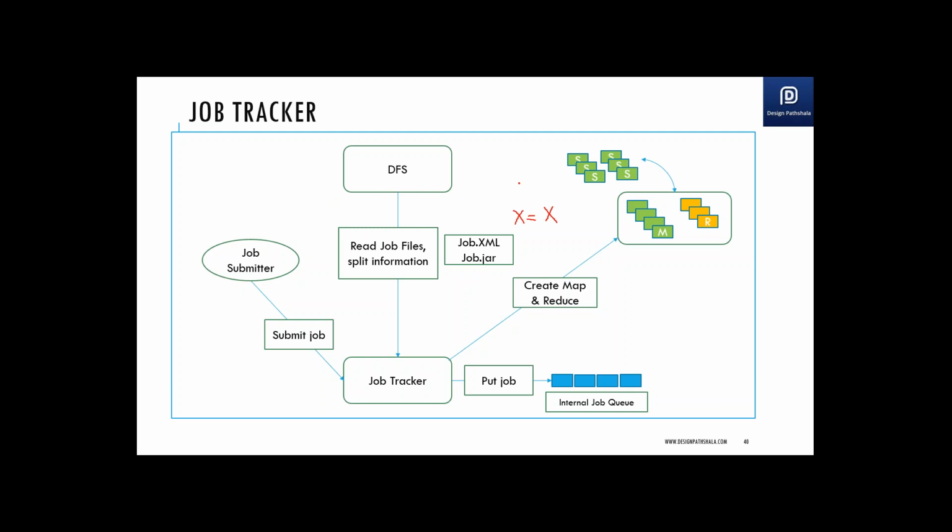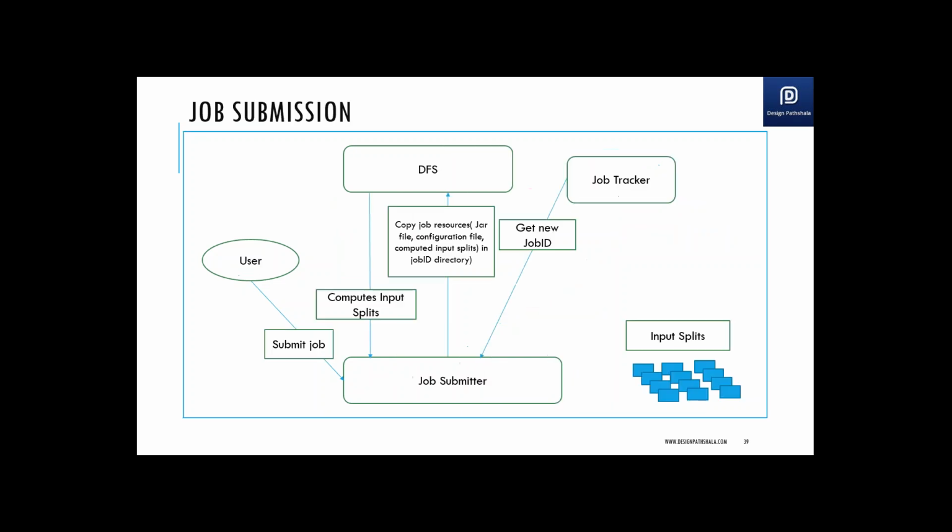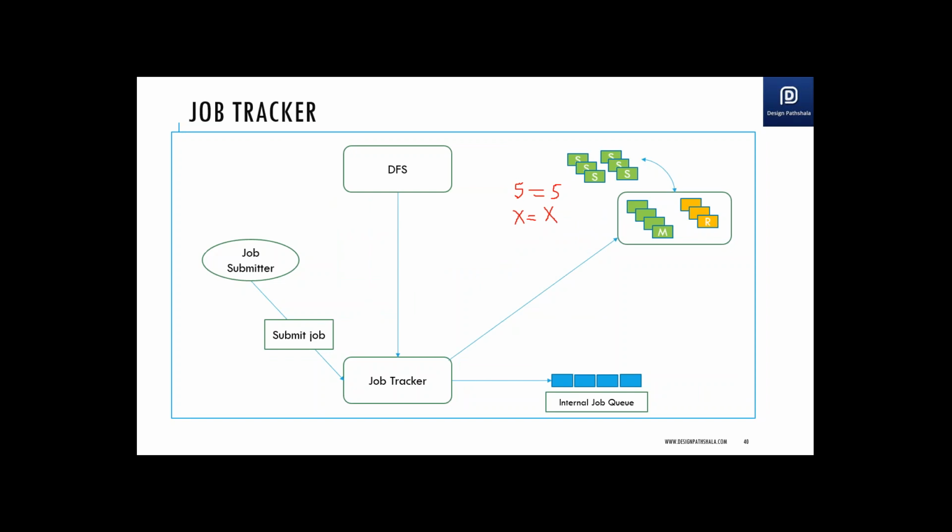So if the file has 5 blocks, there will always be 5 mappers created. So there will always be one mapper for one split. And for the time being, assume split is block. Split is equivalent to block. So the number of splits which are calculated, the number of mappers created in the program will be exactly equivalent to that.